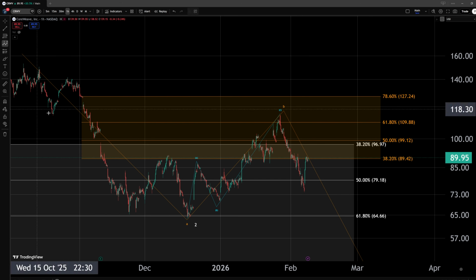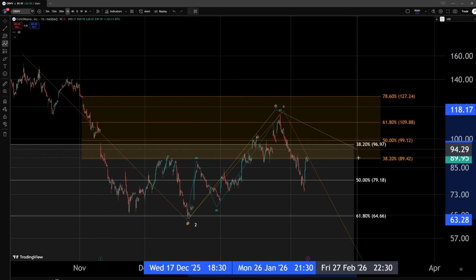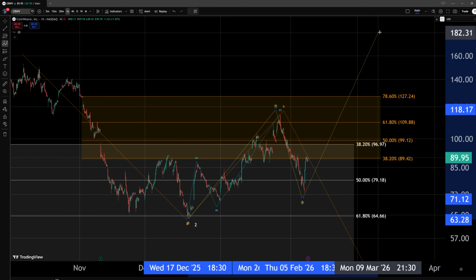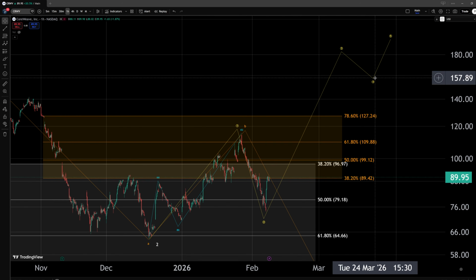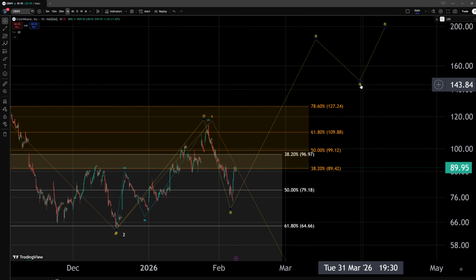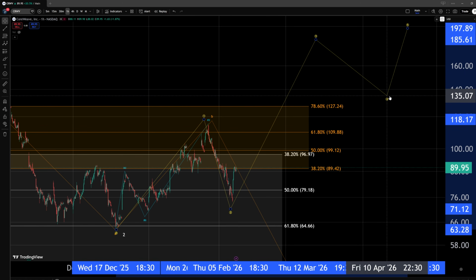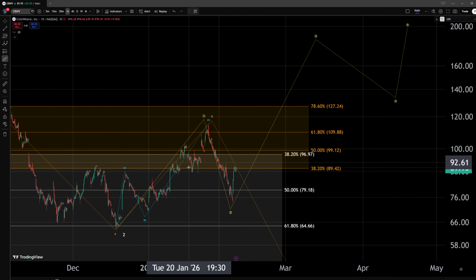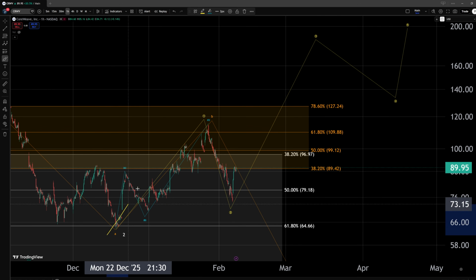So once again, we have an initial 3-wave move to the upside. This could theoretically work out in a larger 5-wave pattern, but it would only do so within a larger leading diagonal, meaning it will be very difficult to look for high probability structures to form internally in this area.